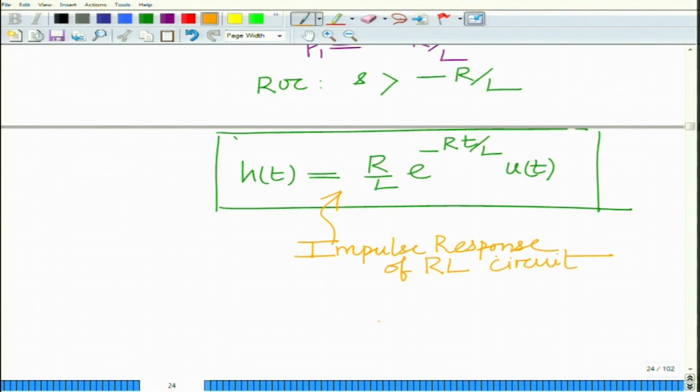So basically we have found the impulse response of this RL circuit, which is R over L e raised to minus Rt over L times u(t), assuming that it is a right handed signal, and the ROC is real part of s greater than minus R over L.